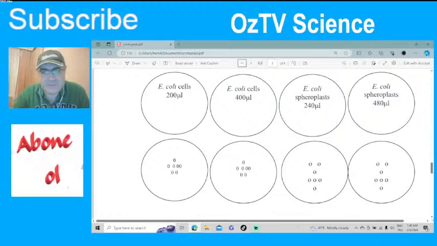Okay, and this is the shape. This is regular cells, 200 microliter, 400 microliter. They have a kind of elongated morphology, and then spheroplasts, that's why they're called spheroplasts, are kind of round in shape. They lose their shape, like bacteria have different shapes.